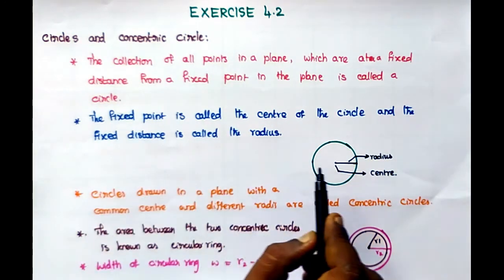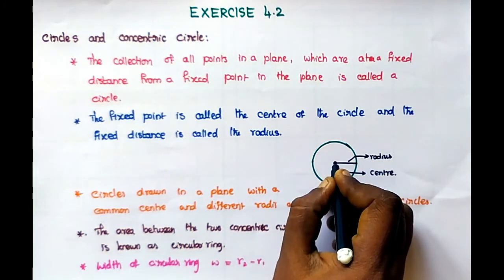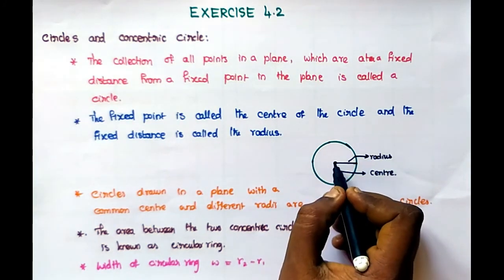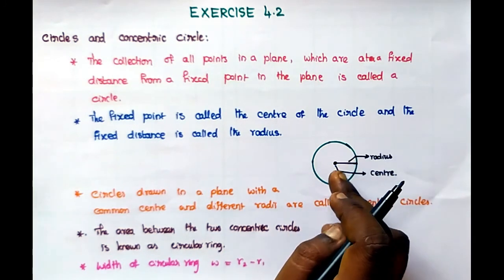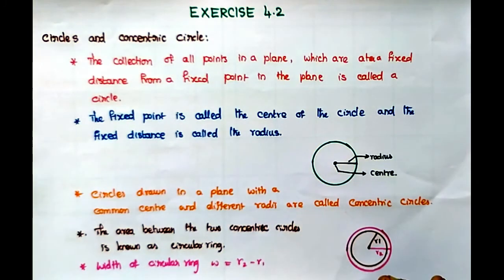The fixed point is called the center of the circle. This is the center of the circle, and the fixed distance is called the radius.